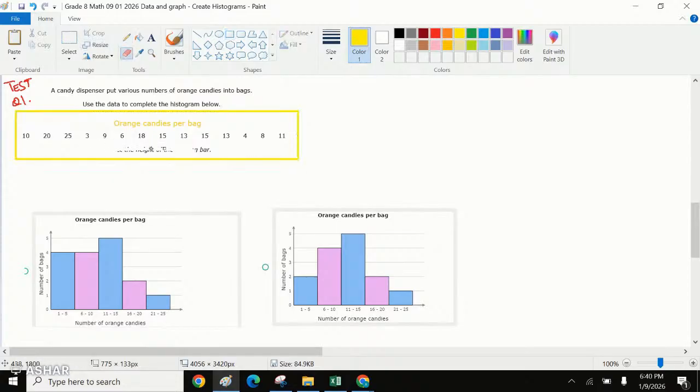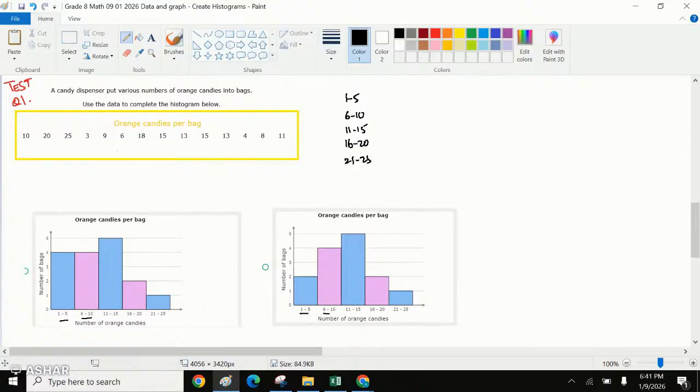Using this information, what we need to do is see which of the bars is correct. So the first thing we need to do is find tally markings so we can define the range. They both have the same range: 1 to 5, 6 to 10, 11 to 15, 16 to 20, and 21 to 25.